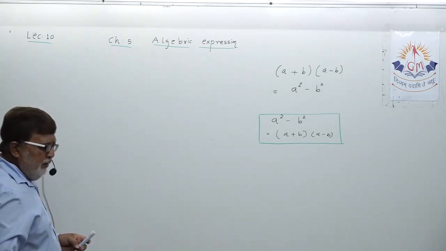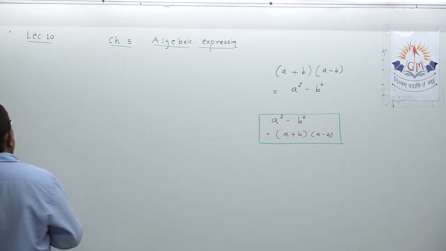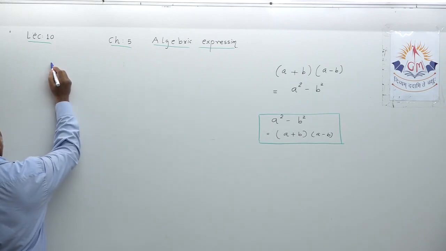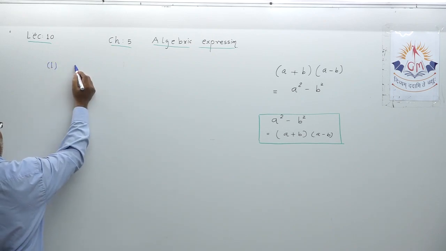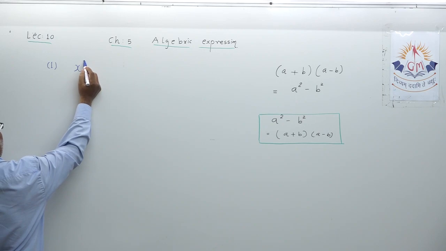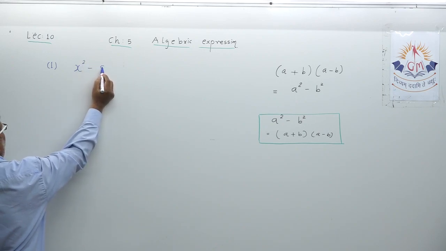See, I am writing example number 1. Example number 1, I am writing the question x square minus 9.